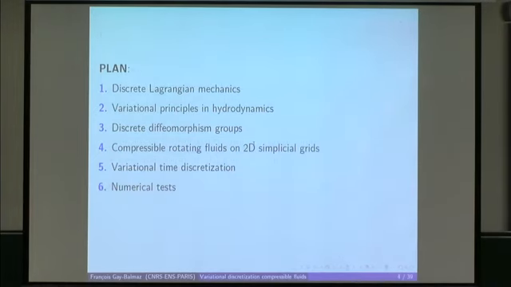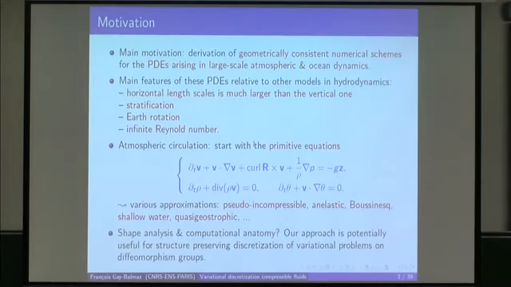So this is the plan of my talk. First I will briefly recall what is done when we discretize the problem in time only: discrete Lagrangian mechanics, no continuum. Then I will recall the variational principle underlying this kind of equations.